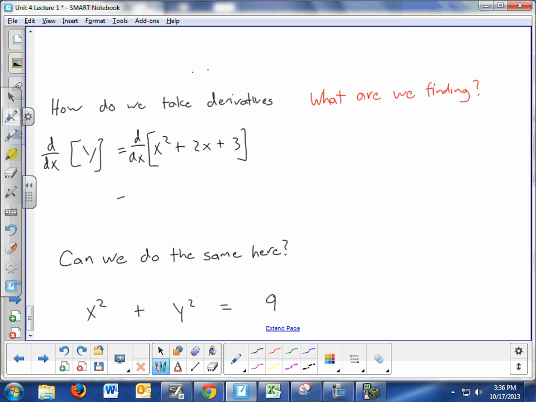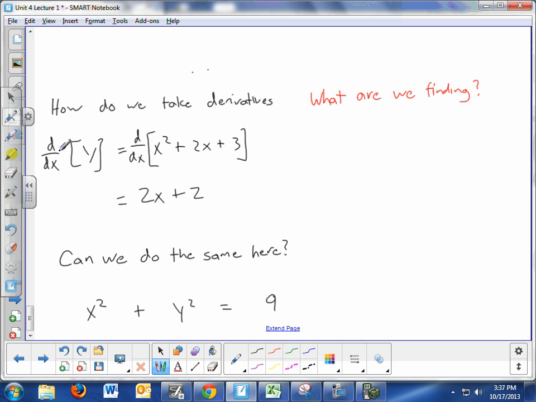Now, usually we always jump to the derivative of this, right? 2x plus 2. And Mr. Messner always, on your quizzes, says y prime equals, or f prime of x equals, or dy dx equals, because you can't forget that we have a statement, an equation.